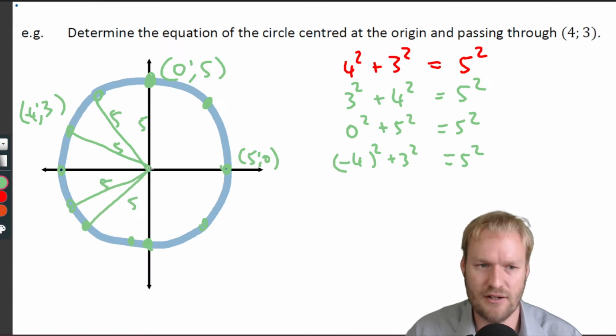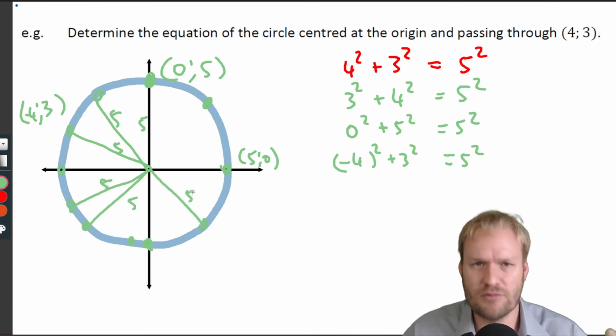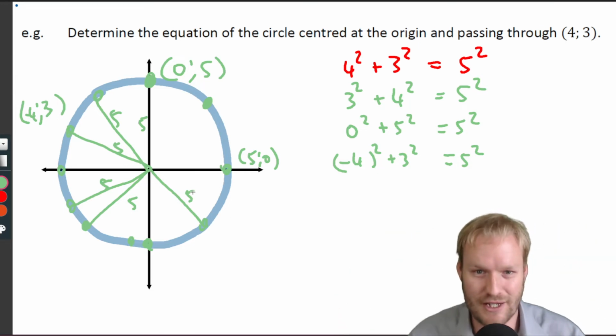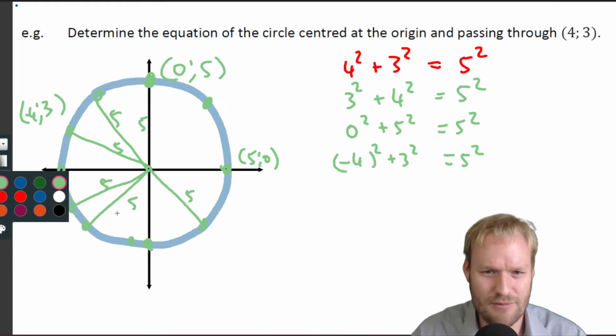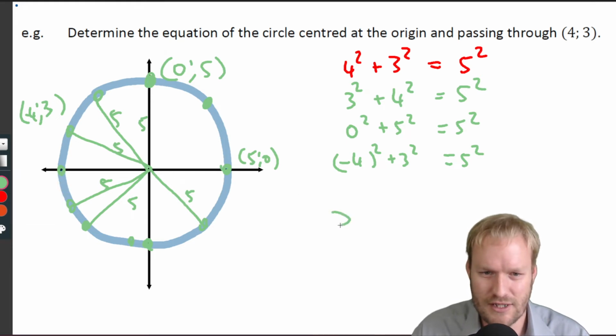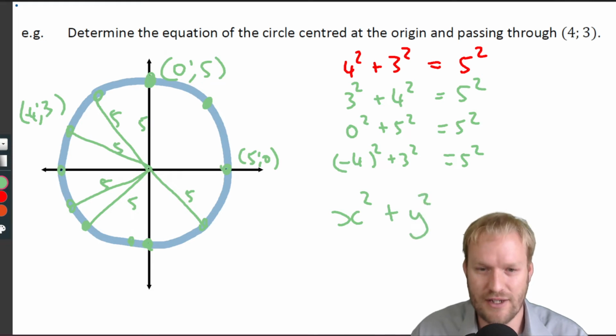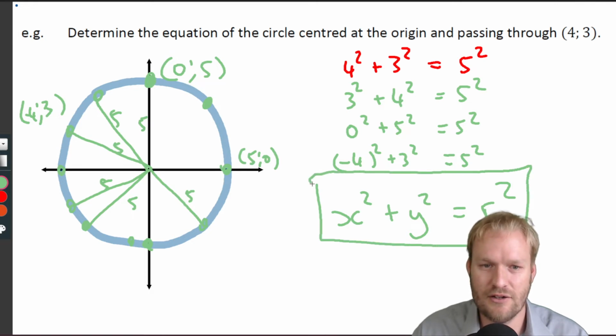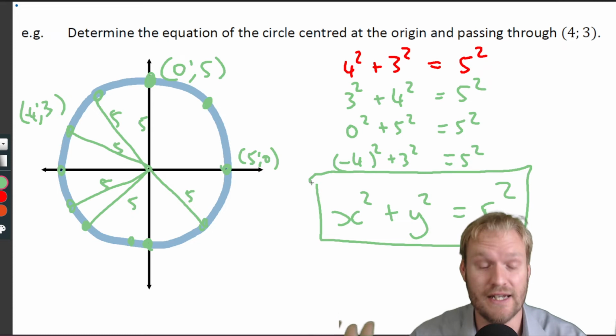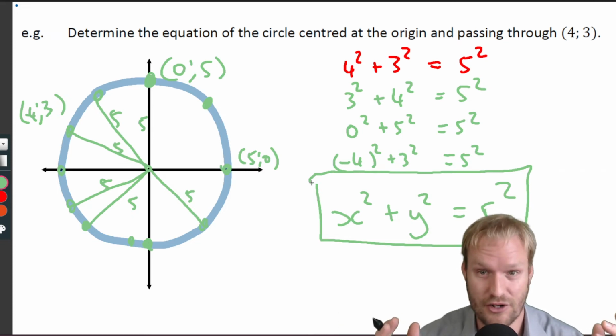We've got a center and a radius. That's one of the key properties of a circle, is that you've got a center and the radius is always the same. So what we seem to be doing here is we're taking our x value and squaring it, adding it to our y value that's squared, and we'll always get our radius squared. And that, lo and behold, is the general formula of any circle centered at the origin.